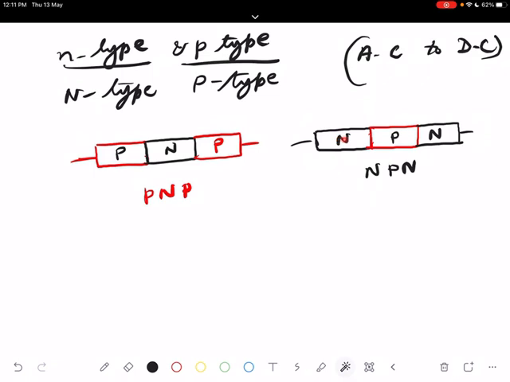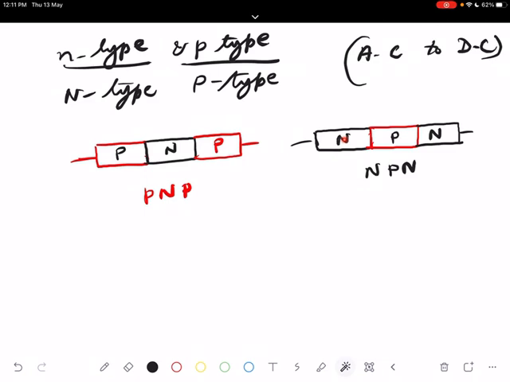Transistors are used to detect and amplify audio signals. Here we used silicon or germanium, 14th group, as the base substance. Many electronic things are made from them, mobiles, computers.